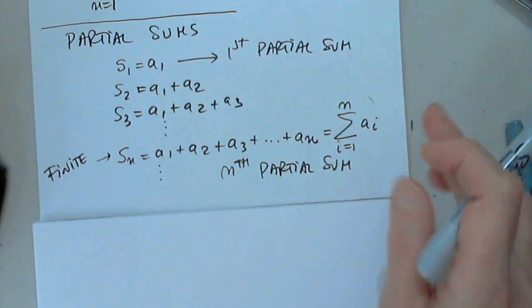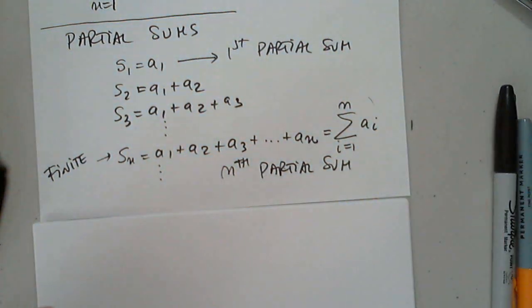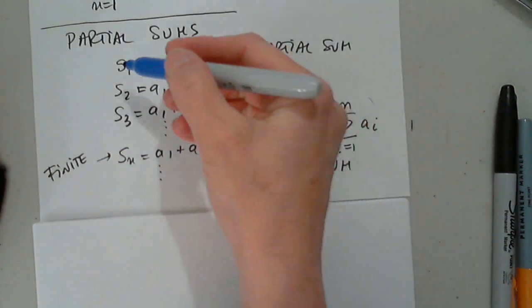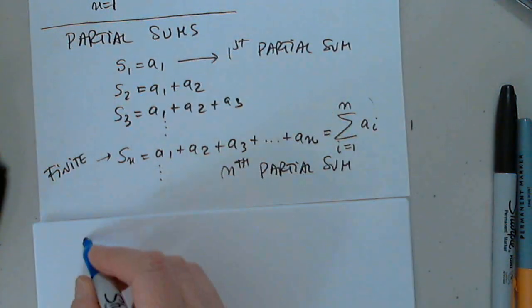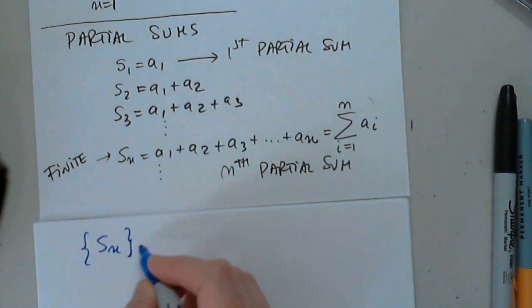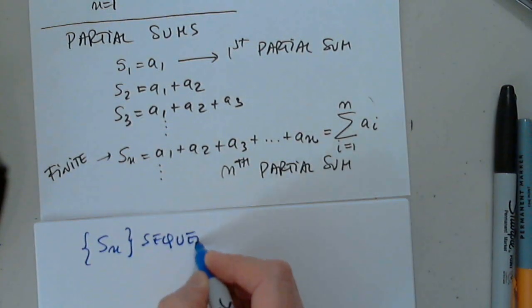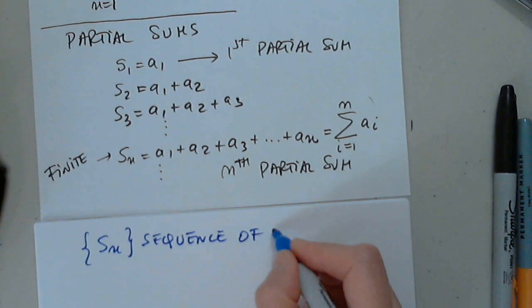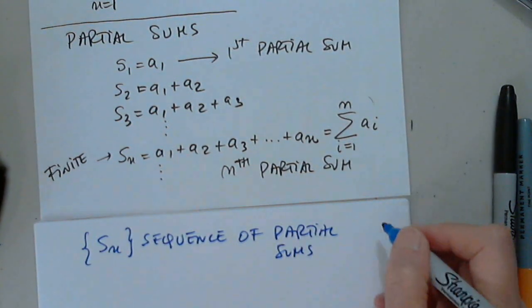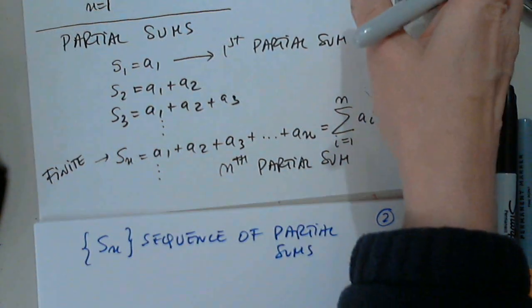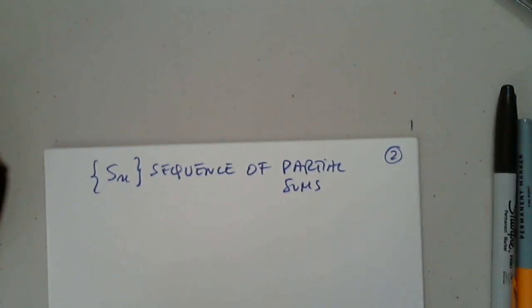Now, what we just created here, we created another sequence, basically. And we created what is called the sequence of partial sums. And this is my page 2. Good.